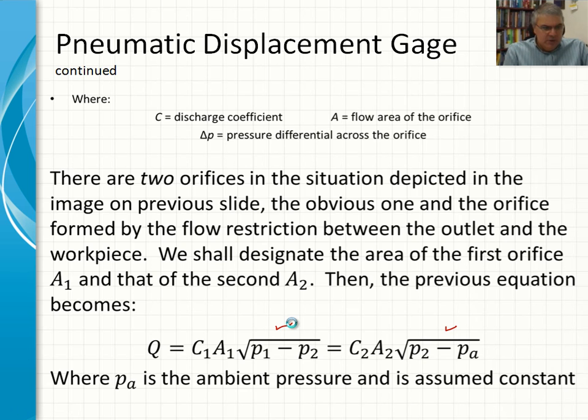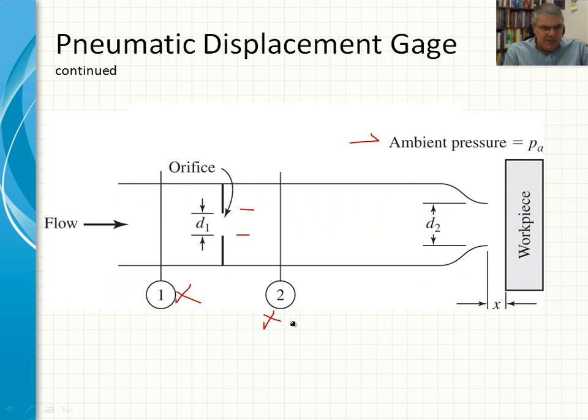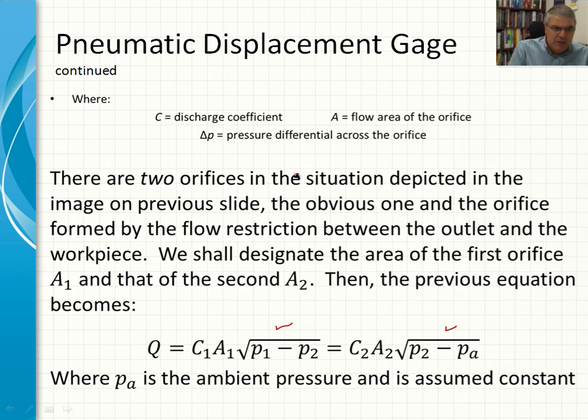If we take a look at that figure again, we are interested in the flow right before the obvious orifice, D1, and right after. So the area of the first orifice is A1, and the second one is A2.